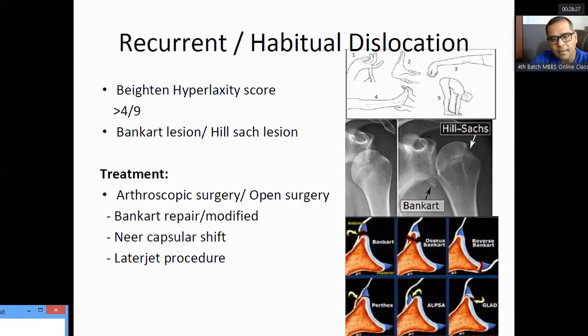Coming to the recurrent habitual dislocation, these are the people who have hyperlaxity of the joints, and we assess the hyperlaxity by the Beighton score, Beighton hyperlaxity score. Dorsiflexion of the little finger beyond 90 degrees, and touching the forearm with the thumb, I cannot do.